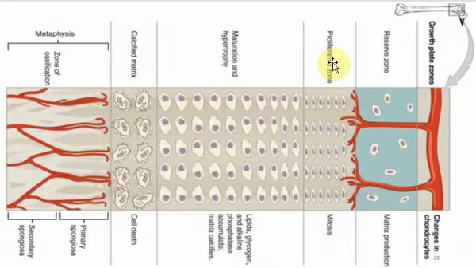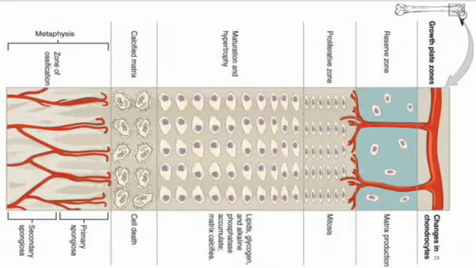Then below the proliferative zone, we have the zone of maturation and hypertrophy. Just below that, we have the calcified matrix. Then when you move from the calcified matrix downward, you get into the pure metaphysis, and below the metaphysis, of course, the diaphysis. I hope that's clear to you.